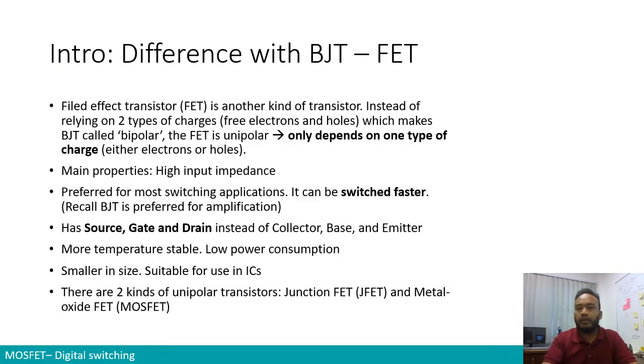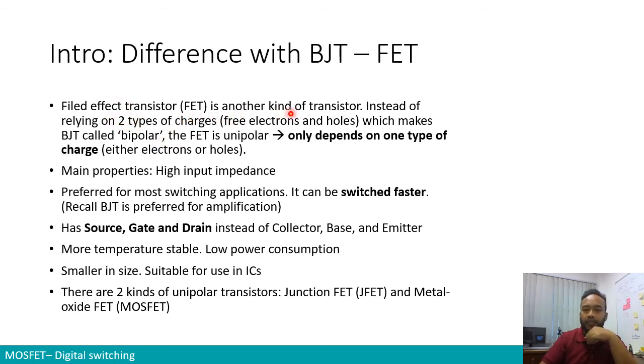So before we start, we're going to try to look at the difference between BJT and FET. We know that they are both transistors, right? But what are the main differences that make FET distinguish itself from the bipolar junction transistor? FET stands for field effect transistor.